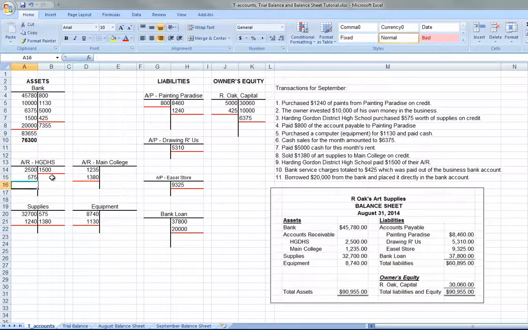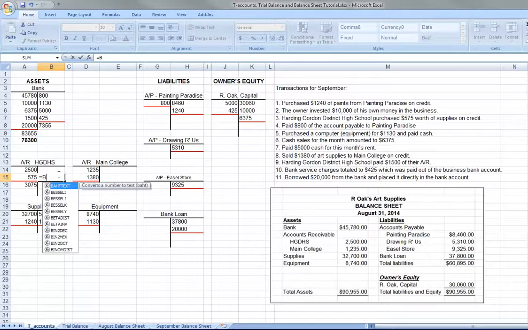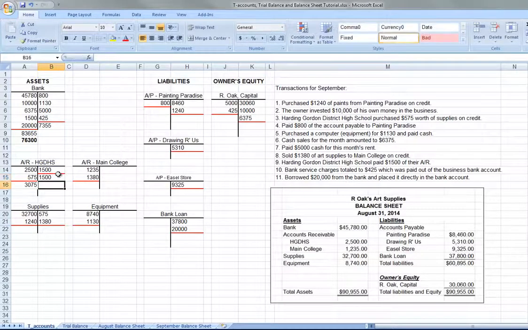So this is A14 plus A15. And this one here is actually just the same, equals B14. And so again, the balance is this one minus this one.